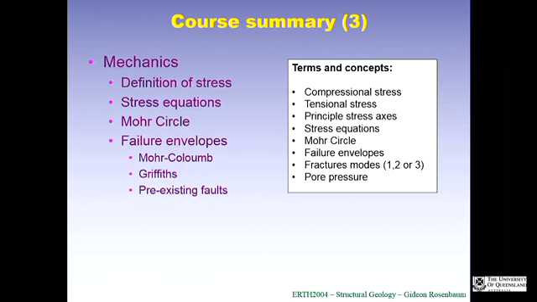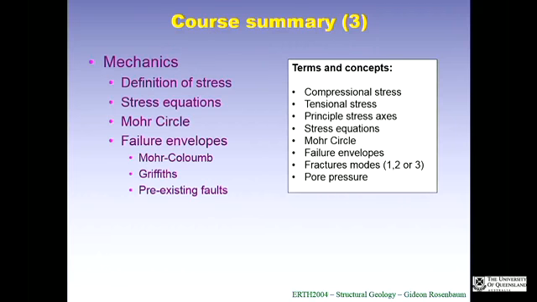And it's a very easy one, it's just a linear relationship, but what becomes complicated, and when I ask these kinds of things in the exam, this is where people start to get a little bit confused, is that for the pre-existing faults, the failure envelope will do something only if those faults exist in the right orientation. So you need to learn how to read it. It's not necessarily that the rock will fail when it touches the failure envelope for pre-existing faults.